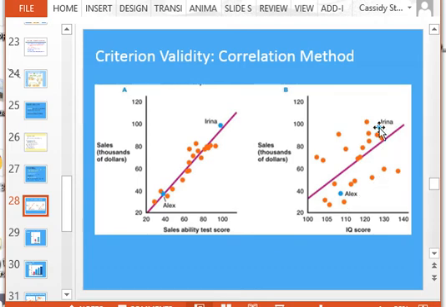And so we see a larger spread of our data here. It doesn't fit that line as closely as these do. And so measuring IQ would be a less valid measure of whether somebody is a good salesperson or not, and we would have evidence of that because of the correlational method.